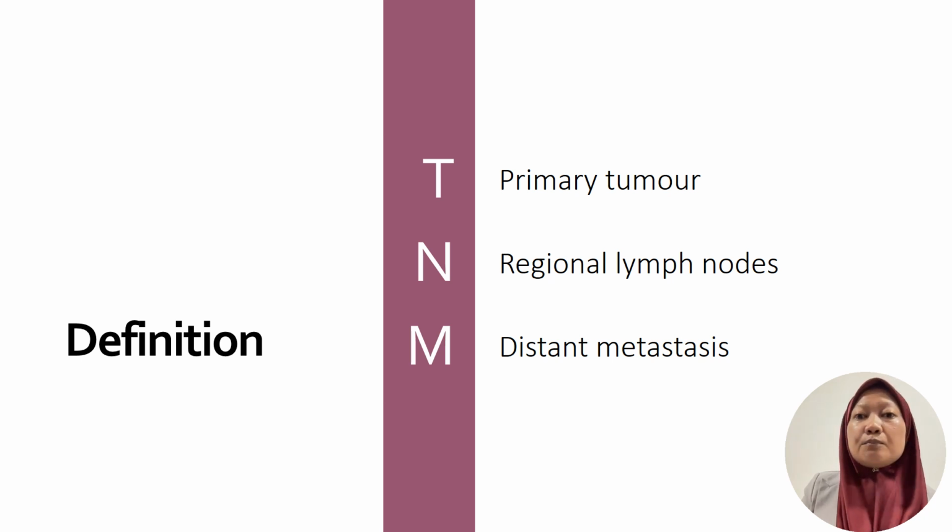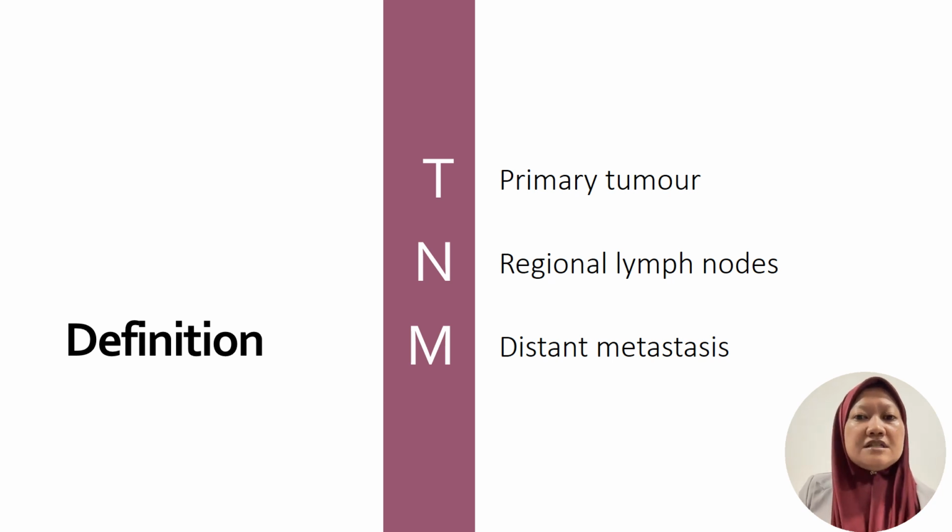This system provides a standardized approach to classify the extent of cancer based on these three components that I mentioned earlier. T is tumor size, which assesses the size of the primary tumor and whether it has invaded nearby tissues. N is node involvement. This evaluates whether the cancer has spread to regional lymph nodes, which is the axillary lymph node, which is crucial for understanding the disease progression.